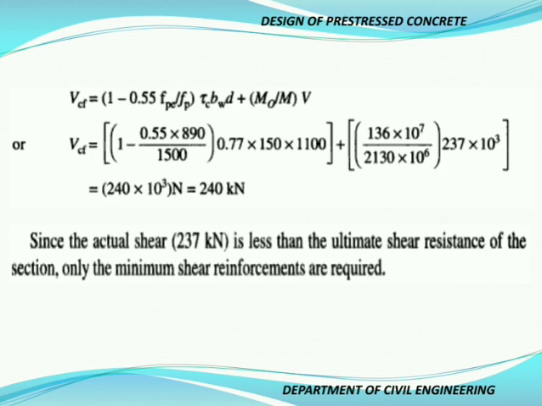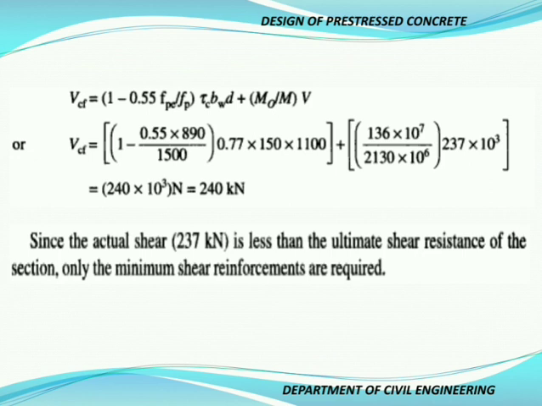Our Vcf value has come as 240. Therefore, the actual shear of 237 kilonewton is less than the ultimate shear resistance of the section. So when we go for design, we will only require minimum shear reinforcement.